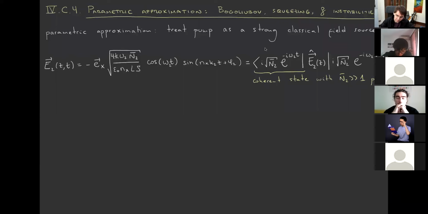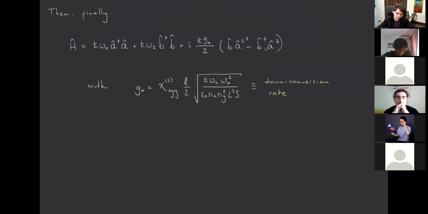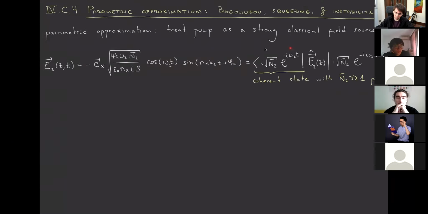Okay, then when we make this approximation and we do exactly the same kind of development as we did in here, so we just put here the classical field and then we proceed, what we will obtain is nothing very surprising. It's just as if we would take the expectation value of this down conversion Hamiltonian in this coherent pump state.